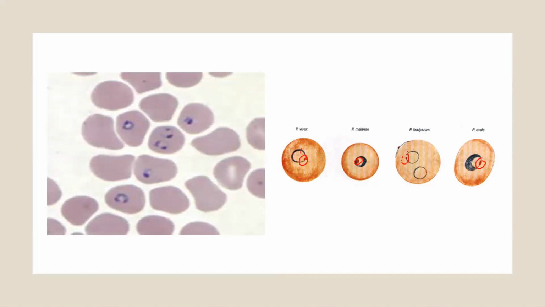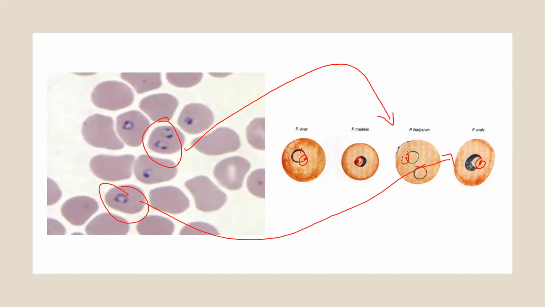This is a ring form of Plasmodium falciparum. This is a ring form of Plasmodium ovale. Okay? So I have a question. Meaning to say, there is a probability that there will be a multiple infection. The answer is yes. Mostly for ovale and vivax.